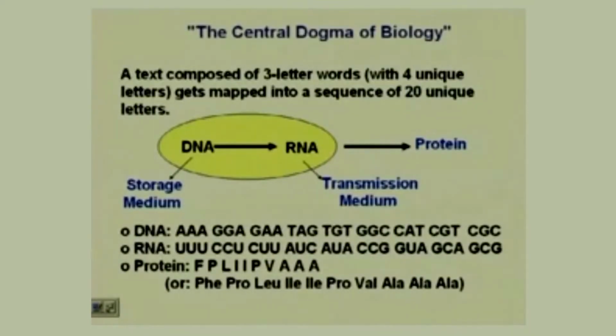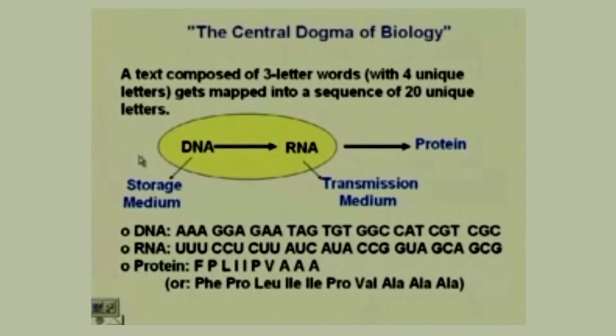When we consider the central dogma of biology, the first thing that comes to mind is DNA. DNA is the storage medium. The central dogma of biology goes like this: DNA to RNA to protein.